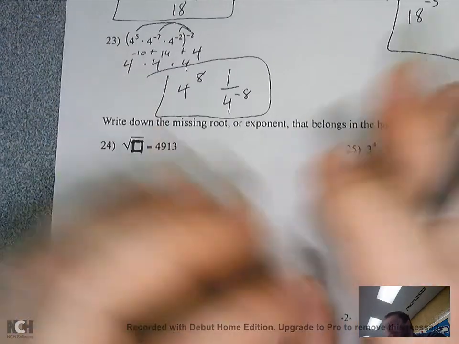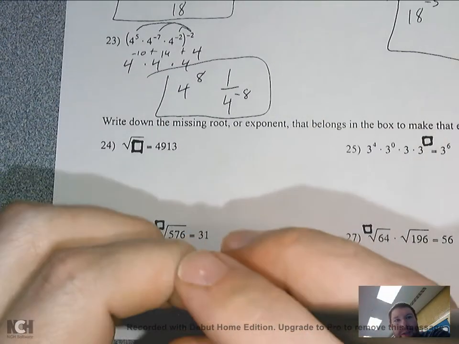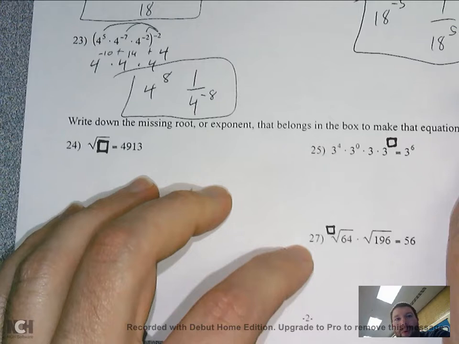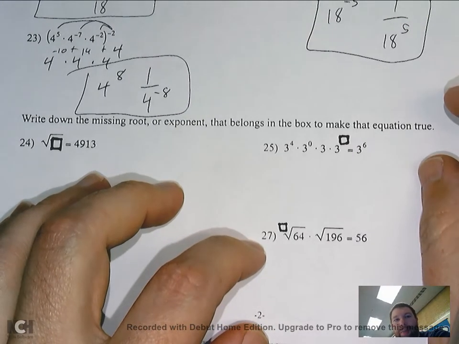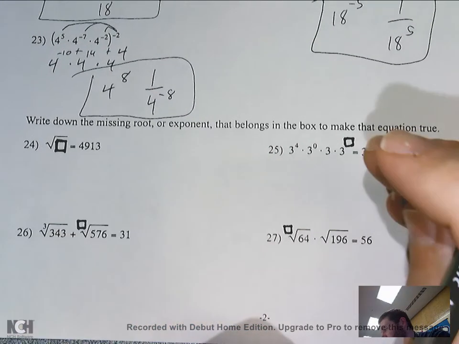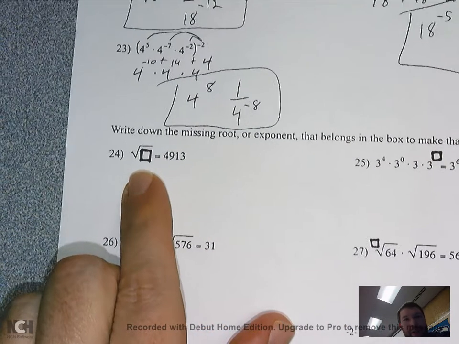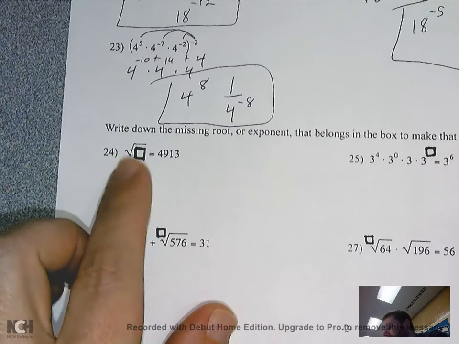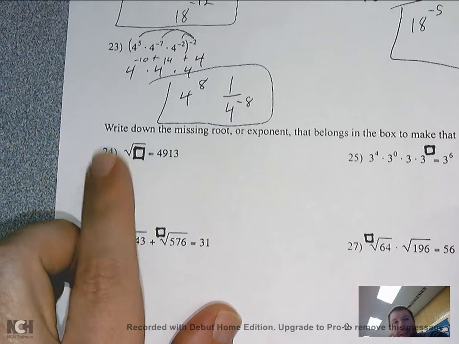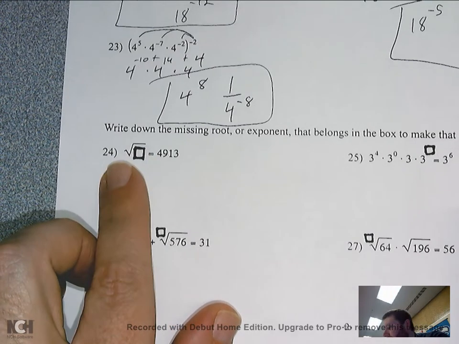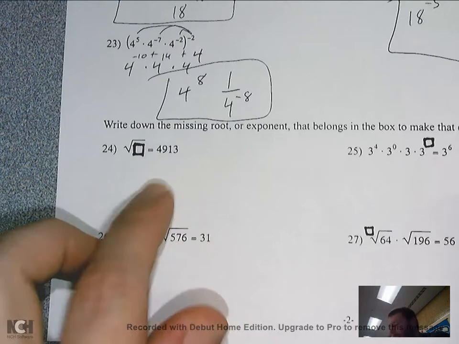Then we also have the missing roots, or exponents. And this is going to be a ginormous number here, but if this is what the square root is, then this number would be the number that you multiplied by itself, right?